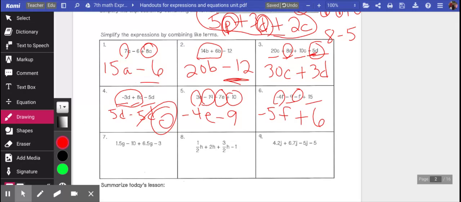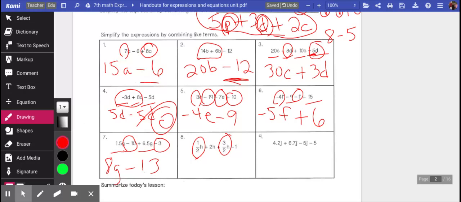Okay, and again, fractions and decimals, it's no different. You do the same process. So we have 1.5 plus 6.5, which is 8G. And then we got -10 minus 3, which is a -13. Okay, now we have a half and a 3/2 and a 2H.